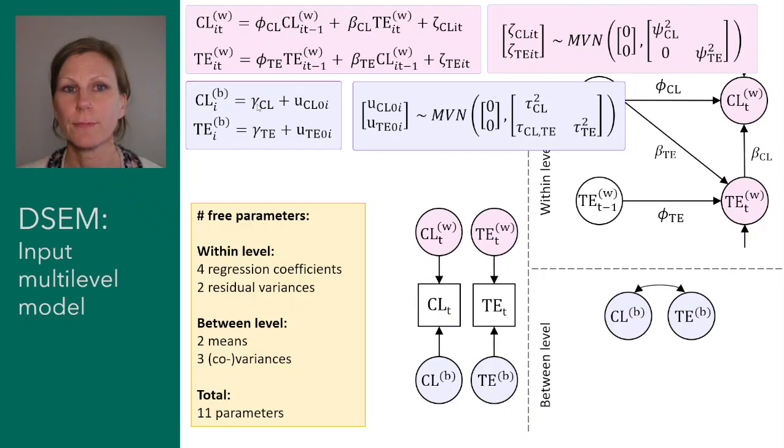These are the gammas. So it's the average across all individuals of closeness and also of tension. And then we have 2 variances and a covariance, so that's in the covariance matrix for the between part. Now in total, this gives us 11 free parameters that need to be estimated in this model.